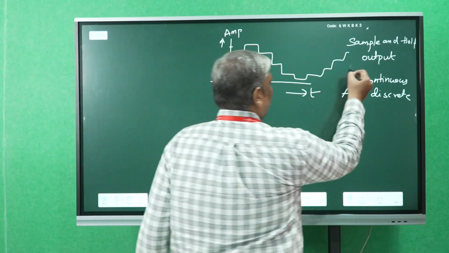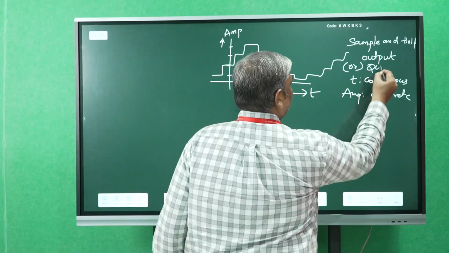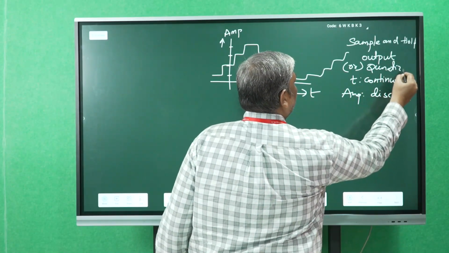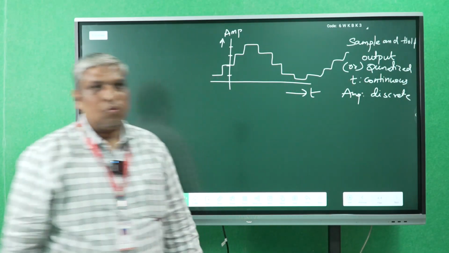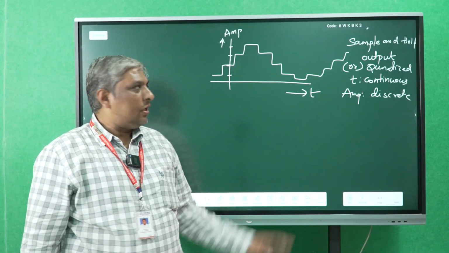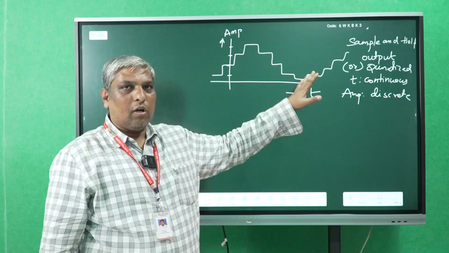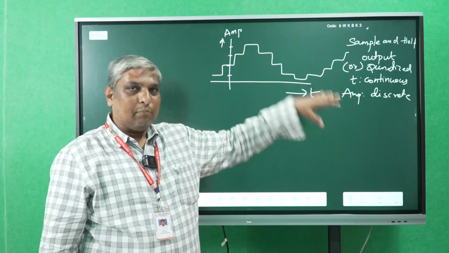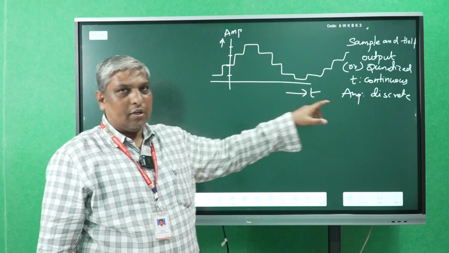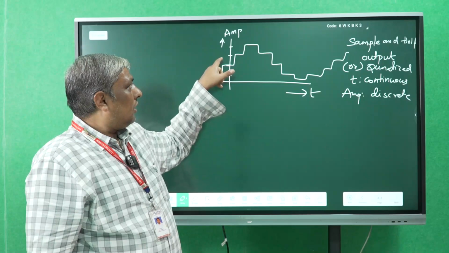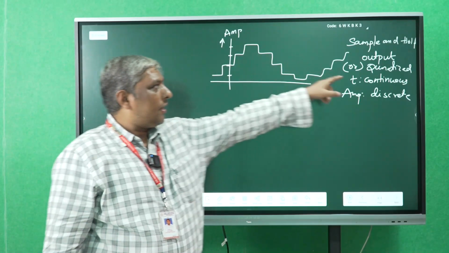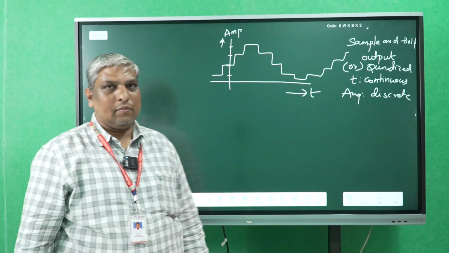So when discretization happens in the time axis, it is called a discrete time signal. When discretization happens along the amplitude axis, it is called a quantized signal.